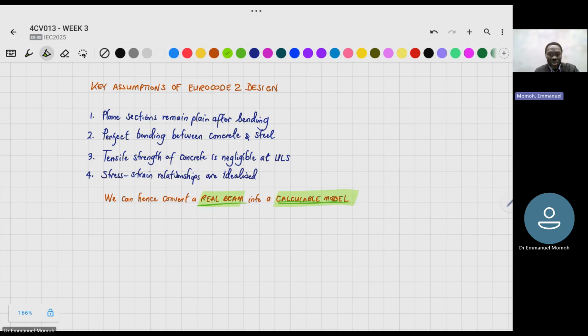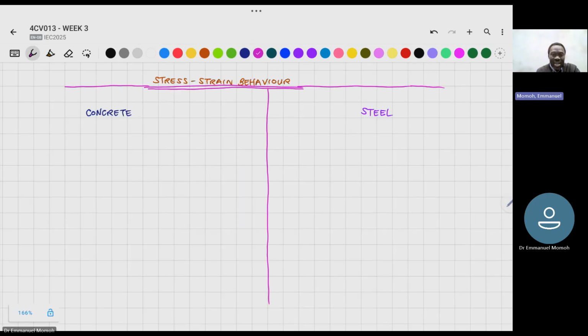Next, we shall look at the stress-strain behavior of concrete and steel. Concrete has a nonlinear stress-strain curve. So if we take concrete to the lab and we test concrete in compression, we're going to have a behavior of concrete that is first elastic and then it reaches a maximum and fails, fractures suddenly.